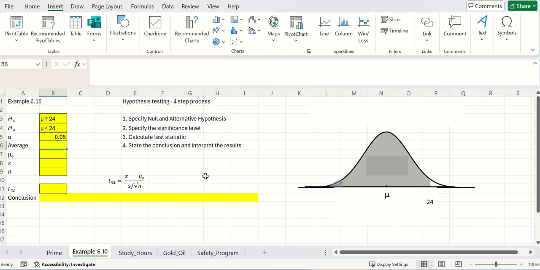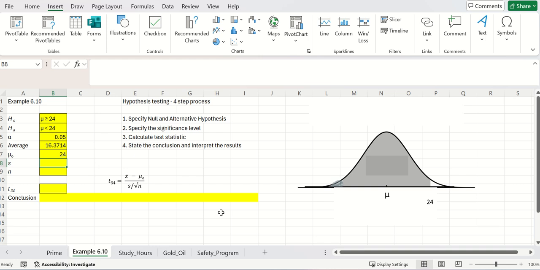Our average in this case has been given to us. The dean had someone calculate it based on her study, and it's 16.3714. The original mu that we were referring to from the past is 24.